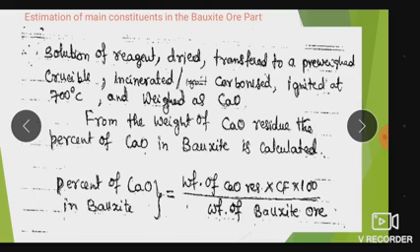From the weight of the CaO residue, the percentage of CaO in bauxite is calculated: percentage of CaO in bauxite is equal to weight of CaO residue into conversion factor into 100 divided by weight of bauxite ore. With the help of this formula, we can calculate the percentage of calcium oxide present in the bauxite.